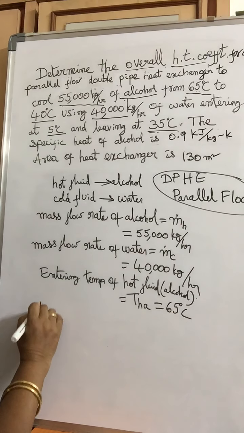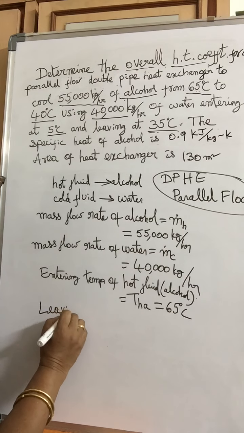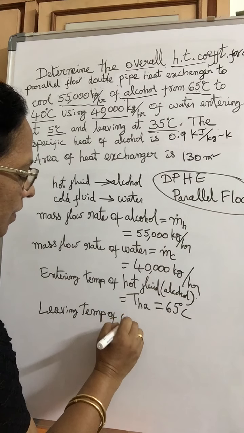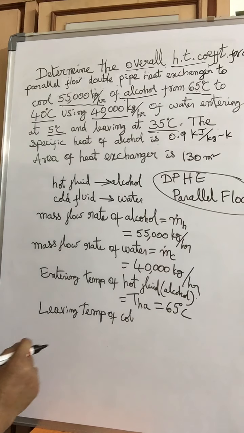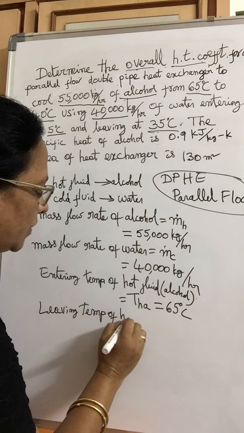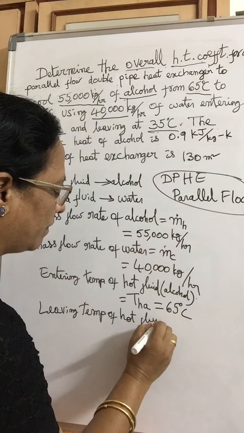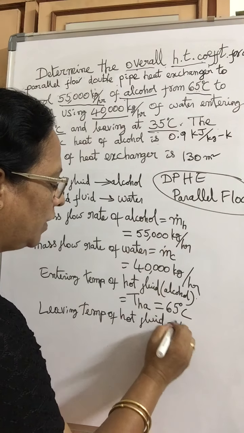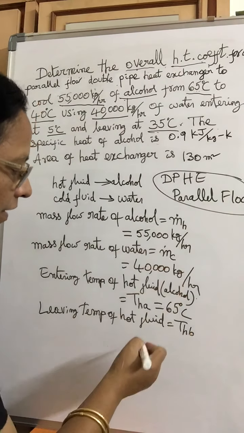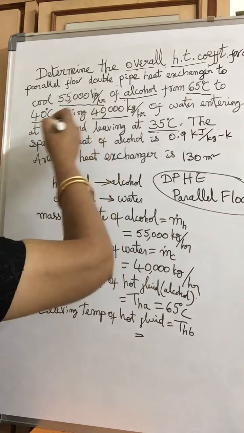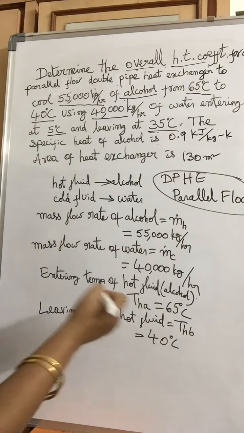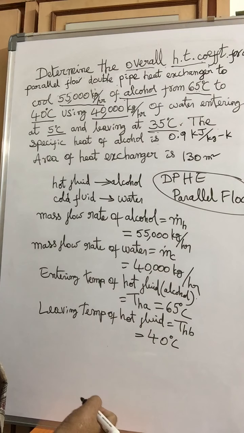And leaving temperature of hot fluid is equal to T_HB. B indicates leaving temperature. So T_HB is 40 degrees centigrade.